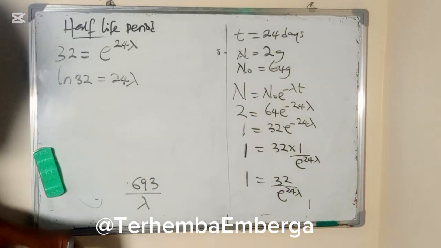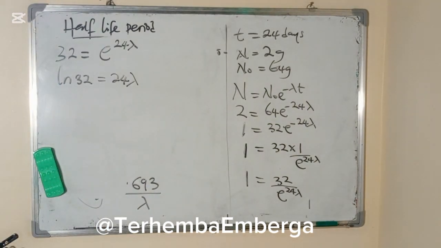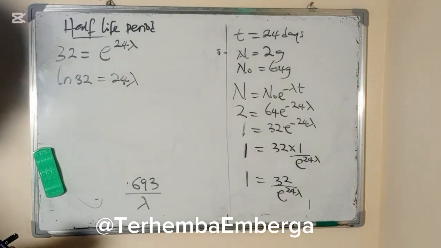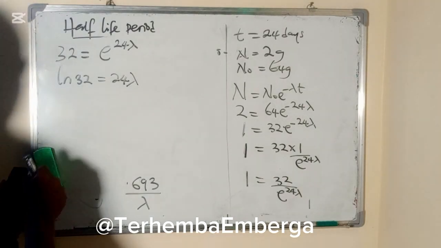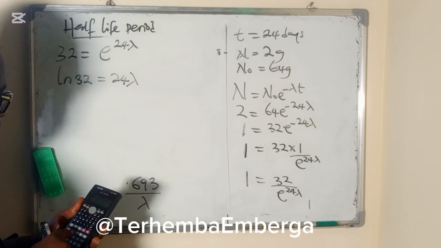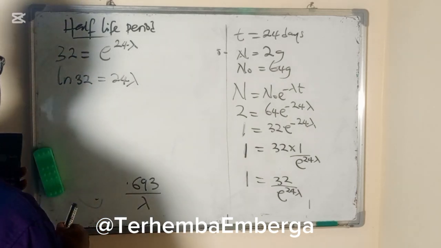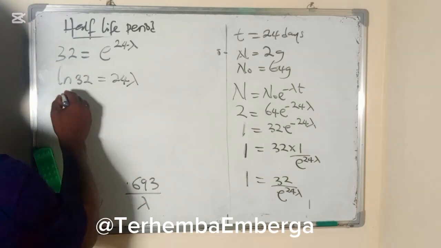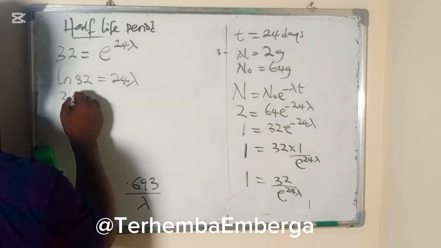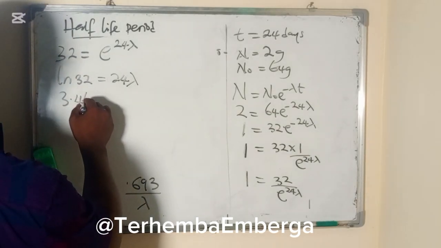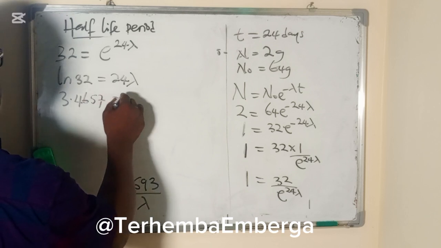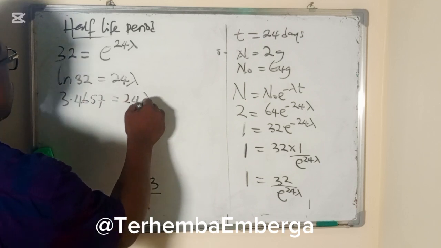So from here, you can appeal to your calculator. What is ln 32? That becomes 3.4657 equal to 24 lambda.